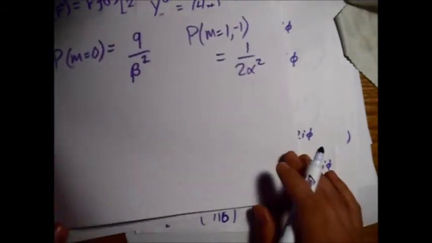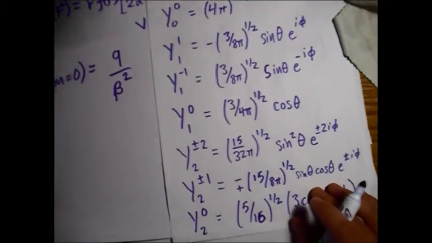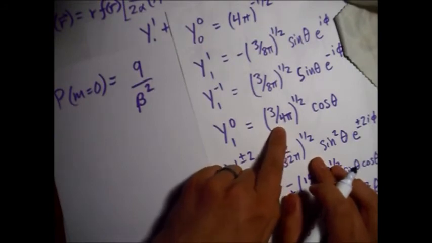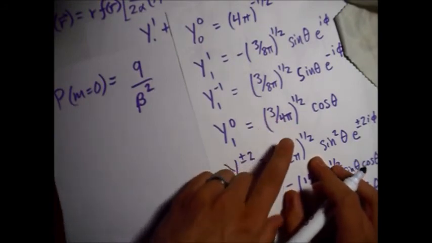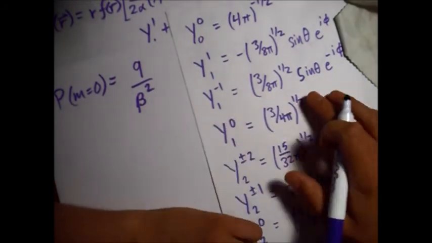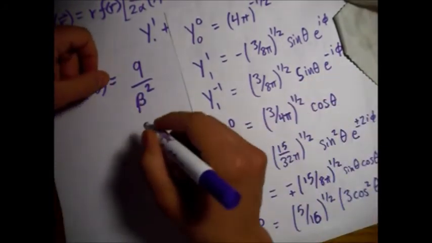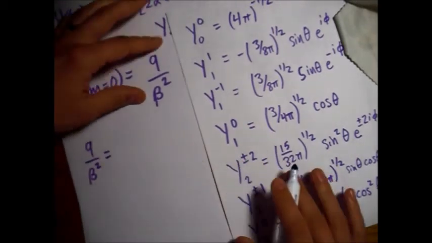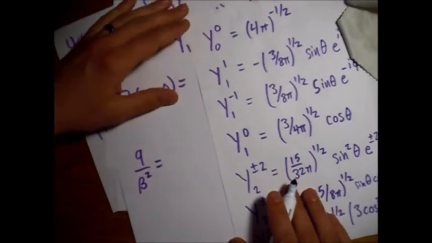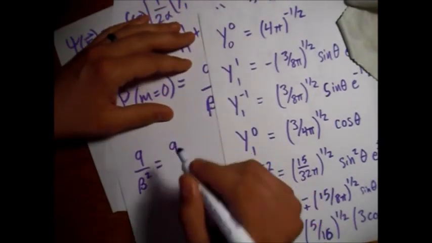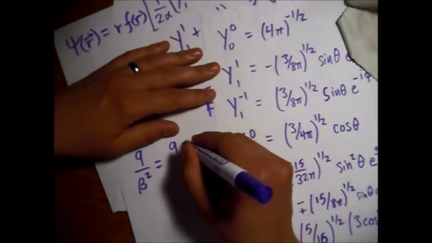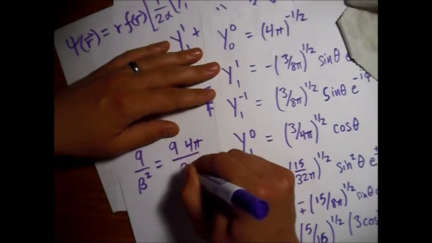Alright, so let's put in some real numbers instead of alpha and beta. Because beta is equal to 3/4 pi to the 1/2, once we square it, we'll just get rid of that. And 9 over beta squared is equal to, we'll have the 9 on top, and then we're going to flip the 4 pi up to the top, and on the bottom we'll have a 3.